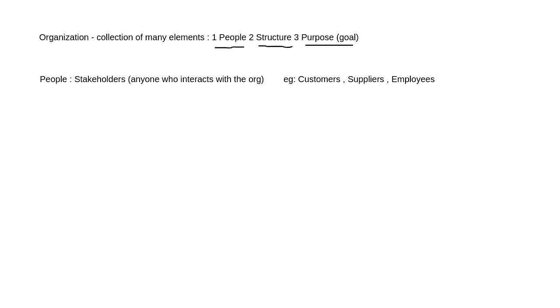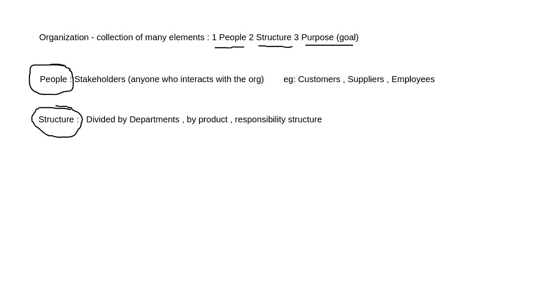For production, there are separate factories and they are divided by country. You know, Unilever has different country offices like Unilever Sri Lanka, Unilever Pakistan, Unilever Malaysia, right? So an organization consists of people, and an organization has a deliberate or clearly defined structure.